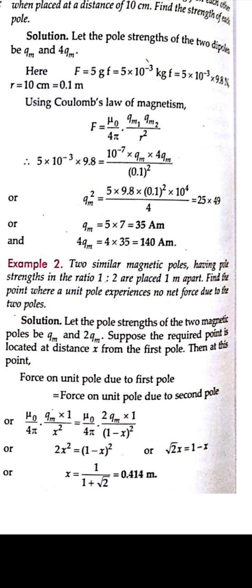Putting the values, one pole strength be 2Qm and the other Qm, with distances x and 1 minus x. Putting these values, we get an equation that x is equal to 1 upon 1 plus root 2. On putting the value of root 2 and adding and dividing, we get 0.414 meter for the point where a unit pole experiences no net force due to the two poles.